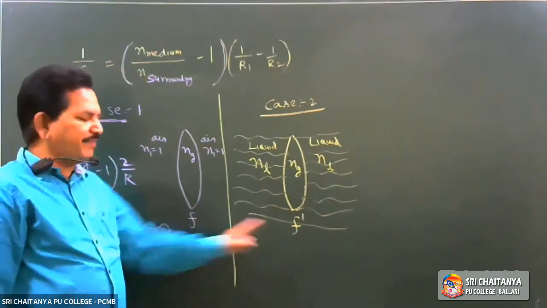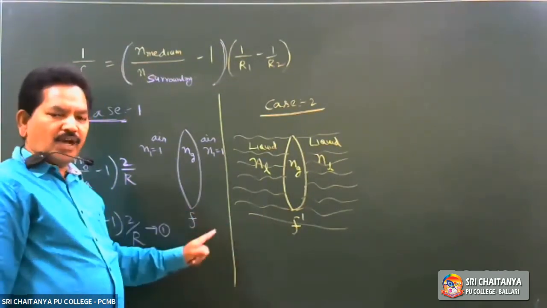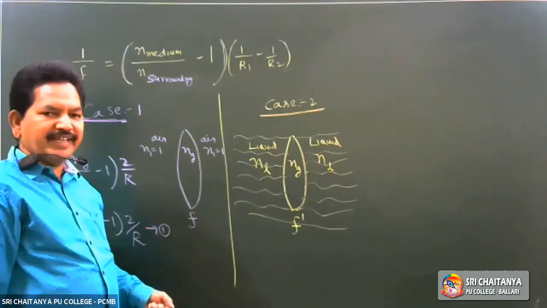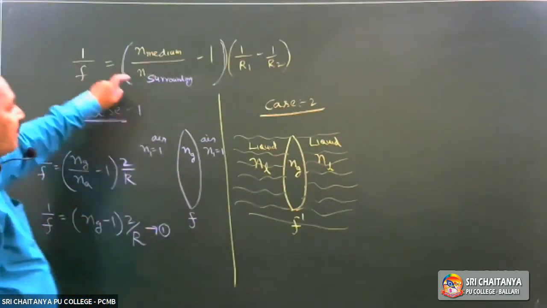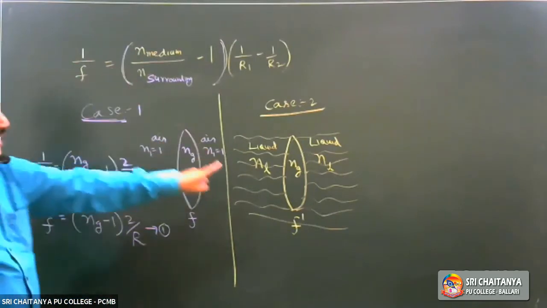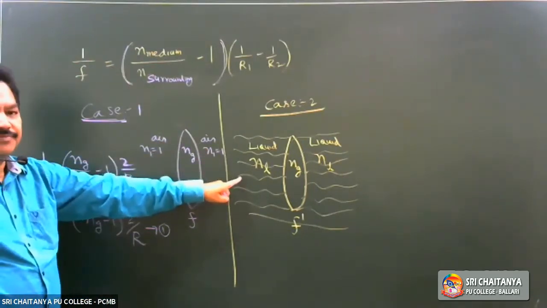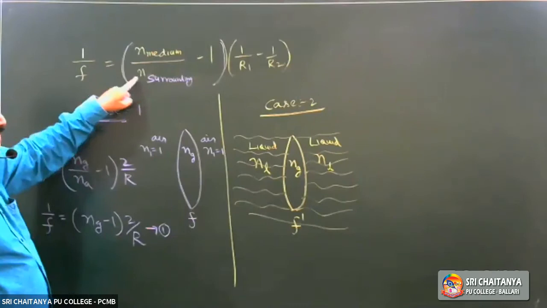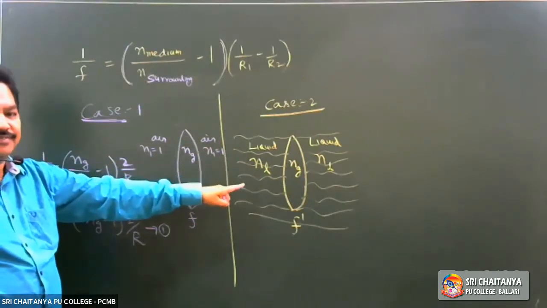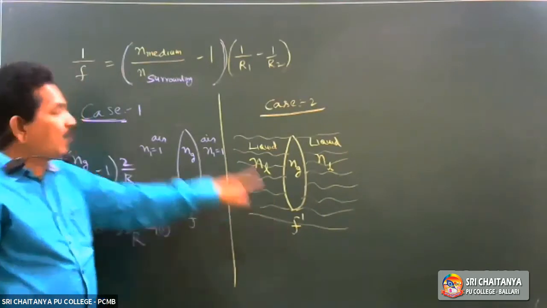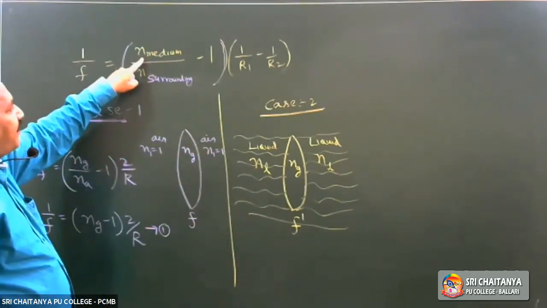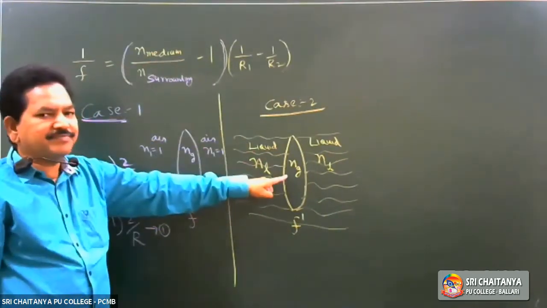Now the relation between f dash and f. How many times more? How many times less? What is the relation? Apply this formula. In this case, applying the lens formula, what is the focal length? F dash. What is the refractive index of the glass? Ng.